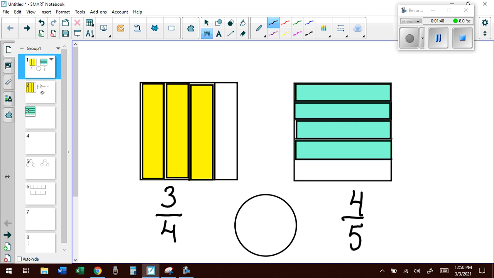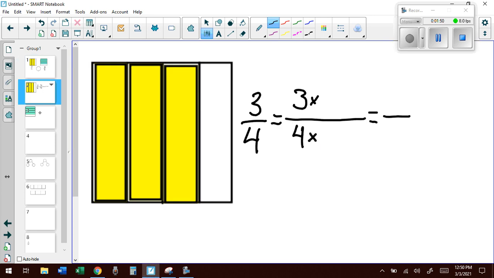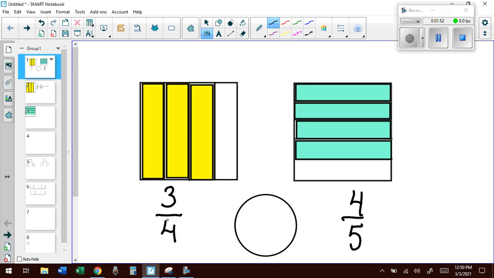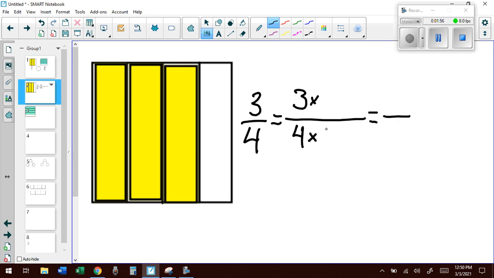So here we're messing with 3/4. So I'm going to multiply this 4 by 5. 4 times 5 equals 20. And since I multiplied the denominator by 5, I need to multiply the numerator by 5. 3 times 5 is 15.